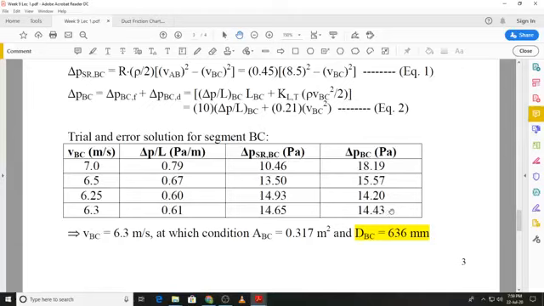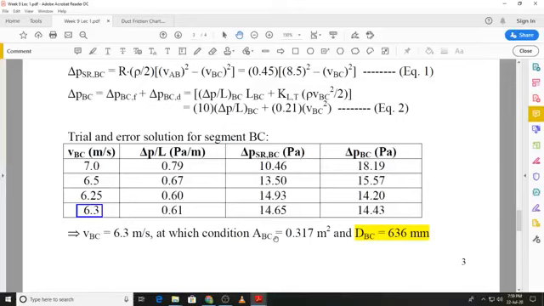We can say now that the velocity that we have guessed to be 6.3 meters per second is the velocity at which the static regain will balance the pressure drop, and this is the value that we can then use to find out the cross-sectional area.